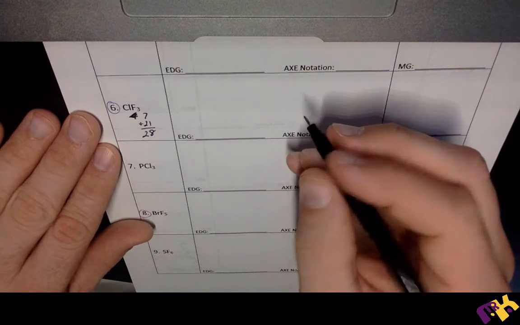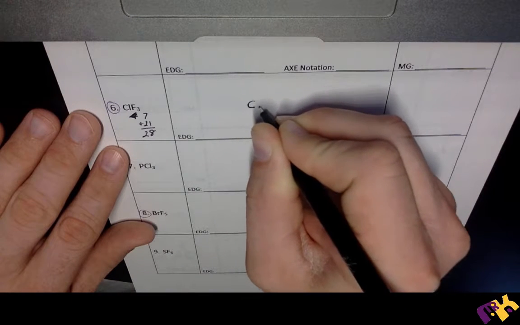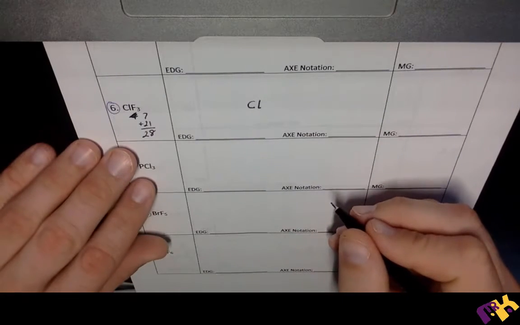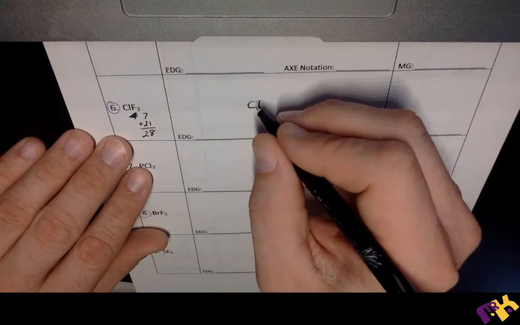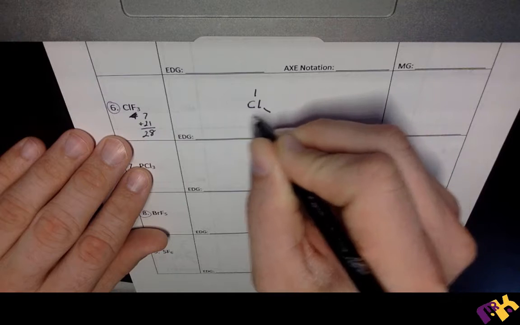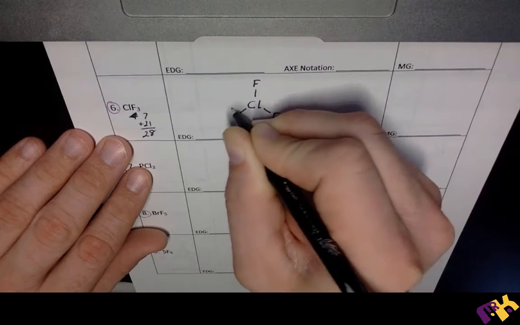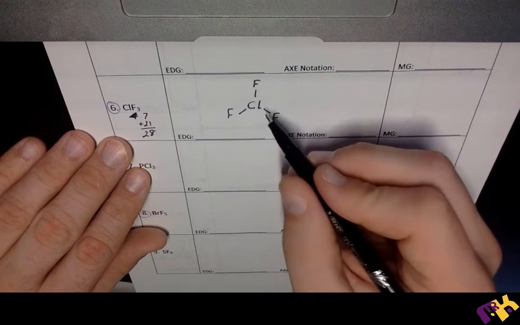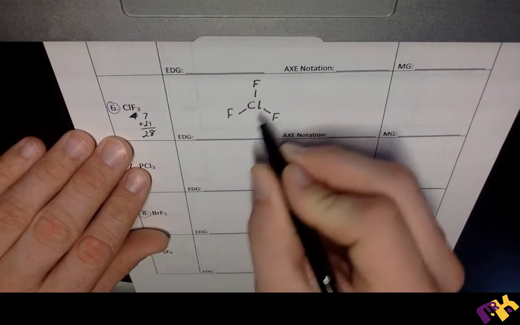All right, so let's put Cl at the middle. Why does Cl go in the middle? Because it has the lowest electronegativity value compared to fluorine. Then we'll put these in a trigonal planar format. I don't know if that's how this will play out, but we'll do that anyway. Then we need to remove the electrons we've used so far.